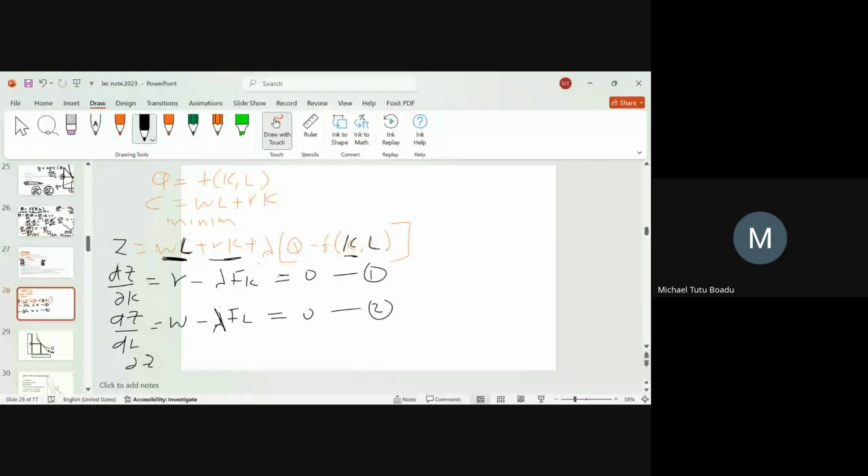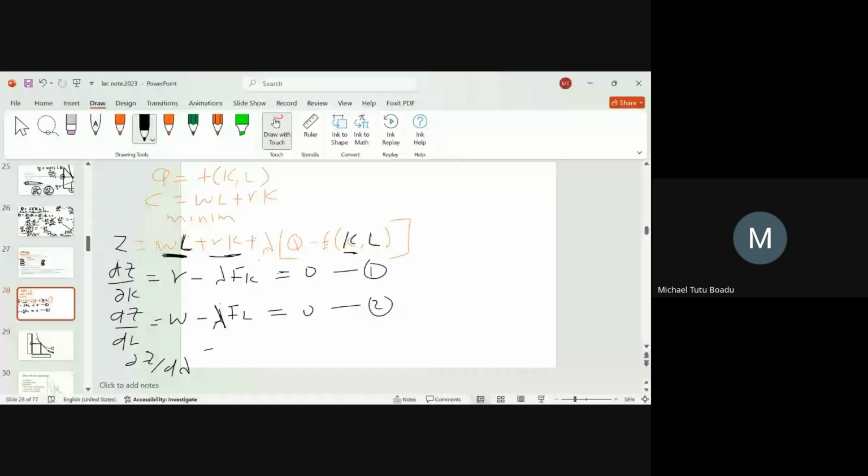Differentiate with respect to lambda. If you differentiate lambda here, what you have is what is inside the bracket. So you have K minus F of KL, which is equal to 0. This is also equation 3. Now divide equation 1 by equation 2.